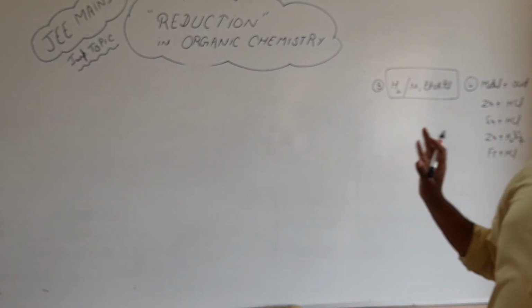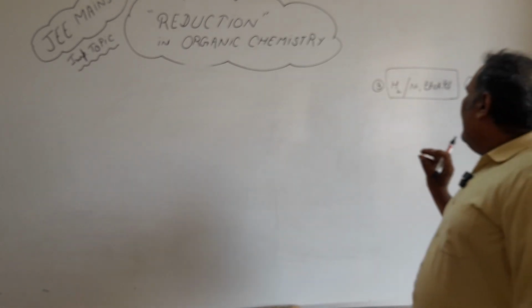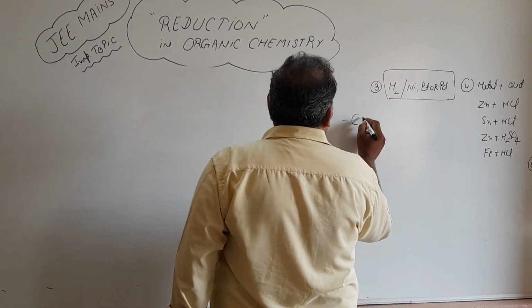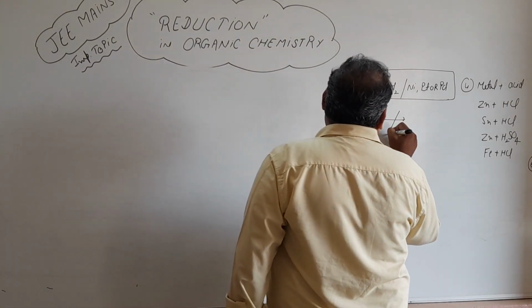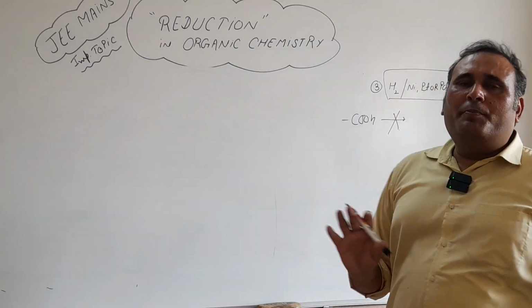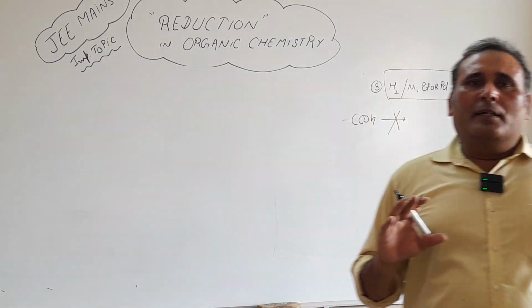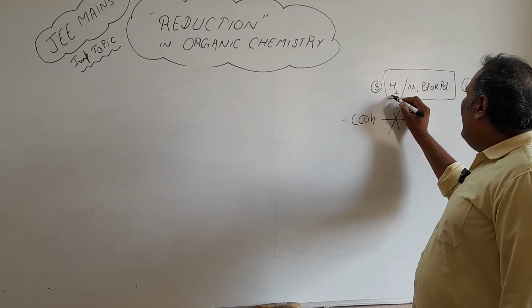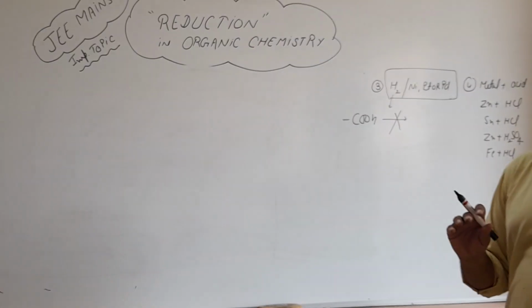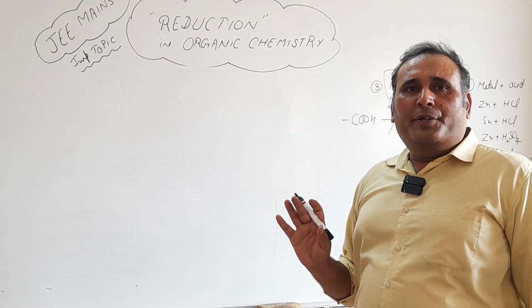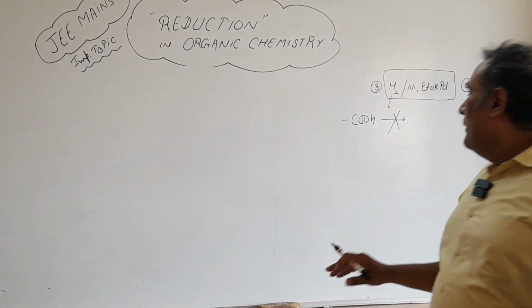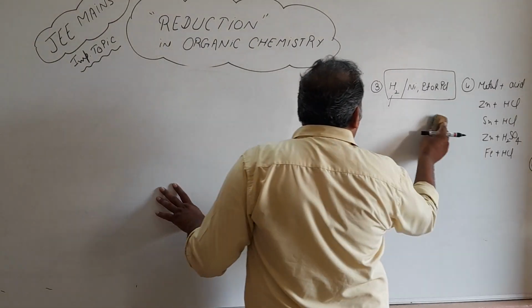It reduces almost all functional groups, with the exception of the carboxylic acid group. Yes, the COOH group is not reduced by this. H2 with Pt or Pd we cannot use on carboxylic acid. COOH it cannot reduce. It can reduce double bond and triple bond into single bond.